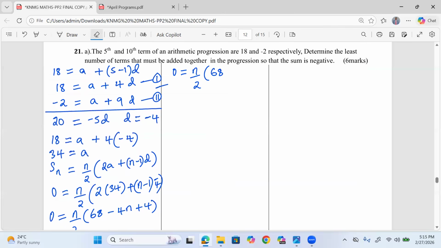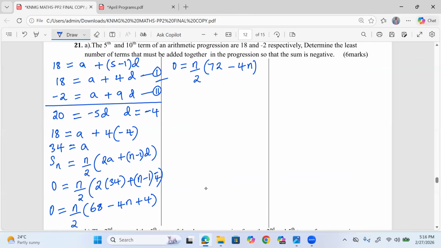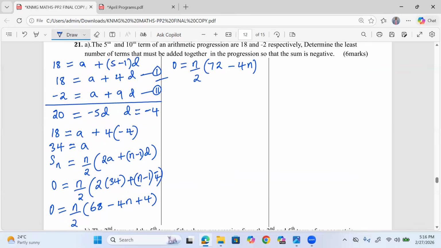Instead of 68, when we start grouping terms, it is 72 minus 4n, like that. So we can open the brackets now. 0 equals 72 over 2, it becomes 36n, then minus 4 times n squared.